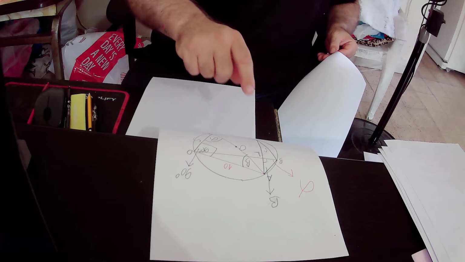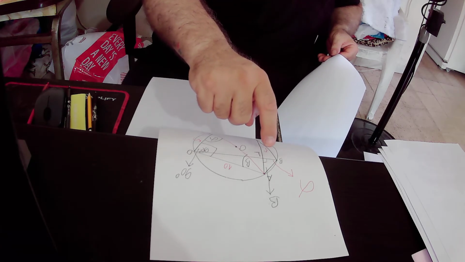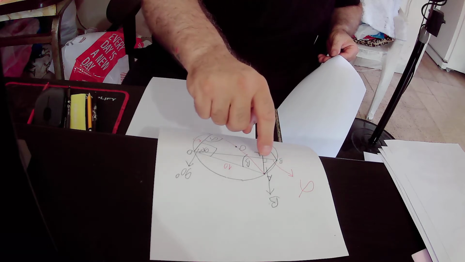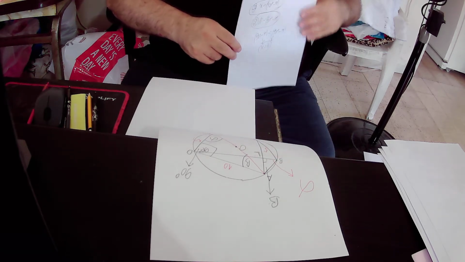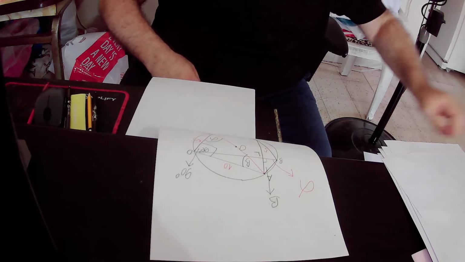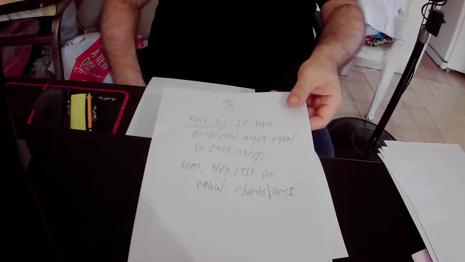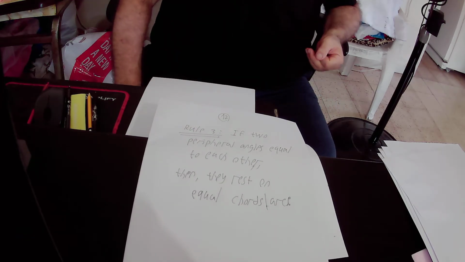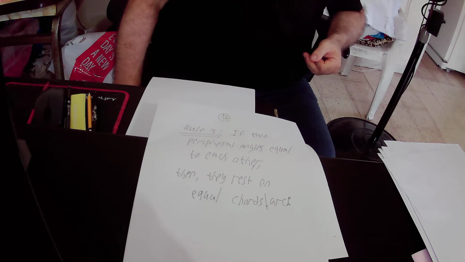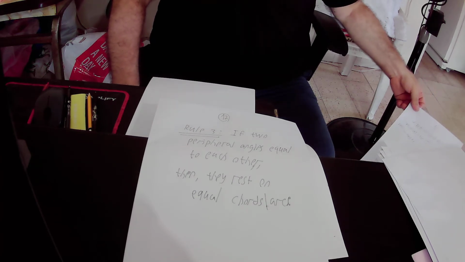Okay, so we know that in the right triangle ABL we have angle alpha, angle beta, and 90 degrees. But we have rule number 3, which states that if two peripheral angles are equal to each other, then they rest on equal chords or arcs.